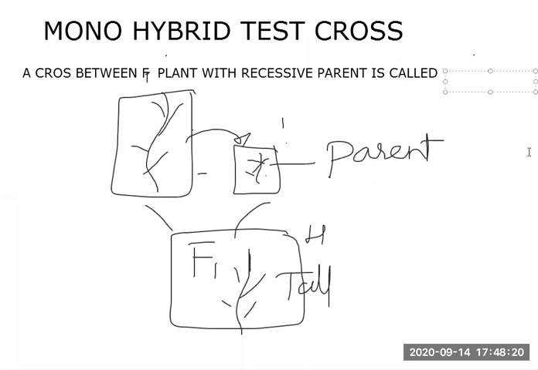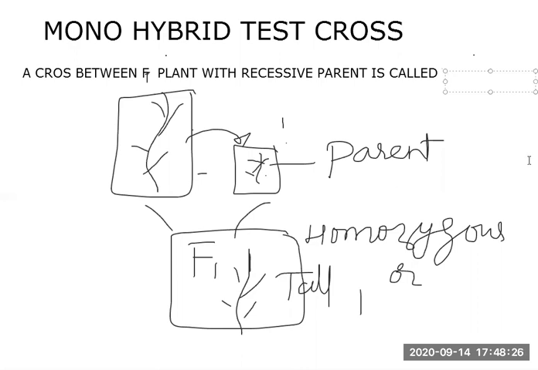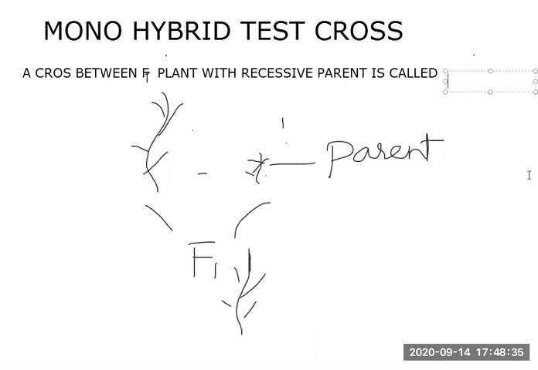So what is test cross? There you have to understand. Test cross is to know whether the F1 plant is either homozygous or heterozygous. I will show you in genotypic format. First of all, let us try to understand this. The F1 plant is crossed with the recessive parent.